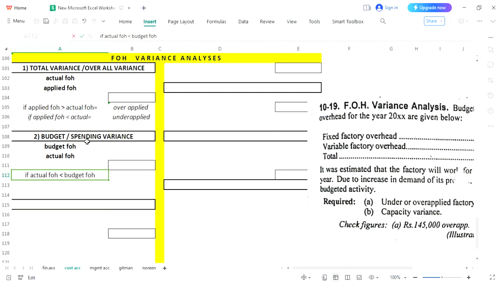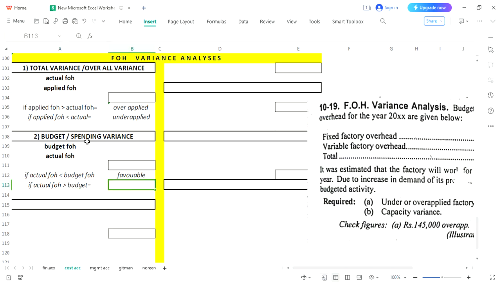If actual FH is less, you will treat it as favorable. In a similar way, contrary to this, if actual FH is more than your budget, you will call it unfavorable.